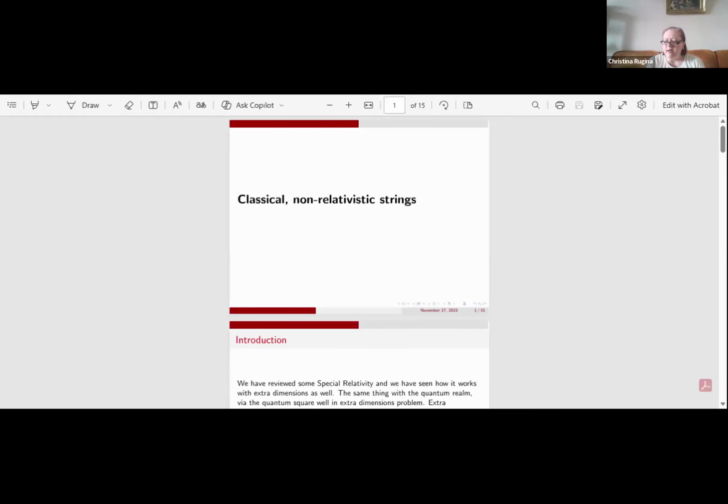But as I said, this equation describes actually in a certain limit and in a certain gauge relativistic strings as well. So if we see it at work at the classical non-relativistic level, then we will understand better the relativistic string. And then when we quantize it, that's even better.